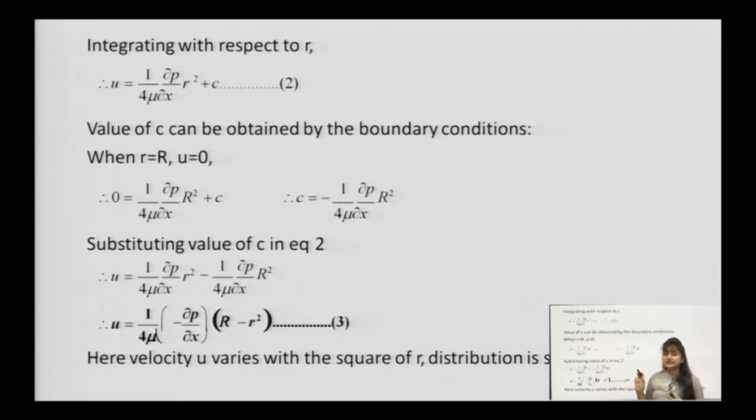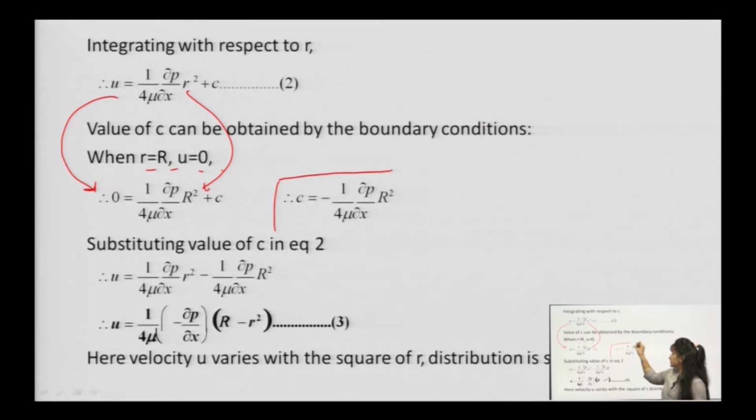So we substitute, with the help of the boundary condition, r as capital R and u as 0. From this we have calculated the value of c as this entire term. Repetition of the term makes it a bit confusing, so I won't repeat it.